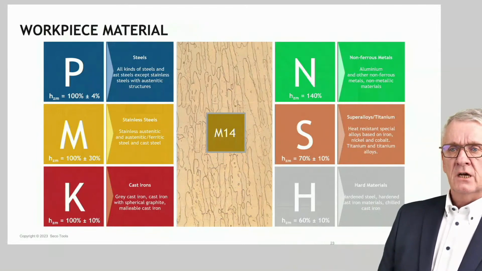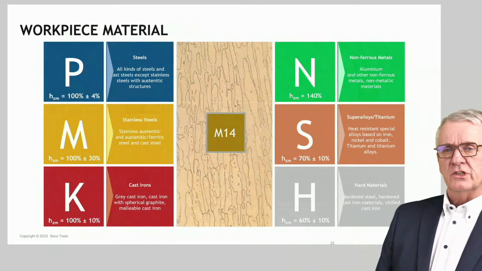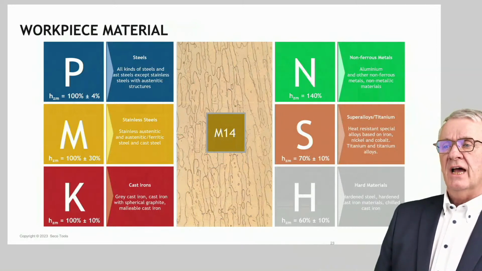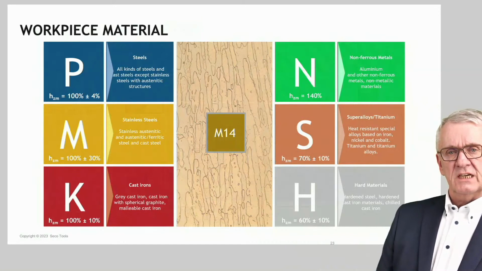And that is what you find in diagrams or tables or pictures, I don't know how to call this, like this, where we say, okay, if you use an MD18 and you use steel, the P materials, of course you can use that advice. But if you would use the same geometry in hard steel, for instance H materials, even that strong geometry, you have to be more careful with the chip thicknesses.